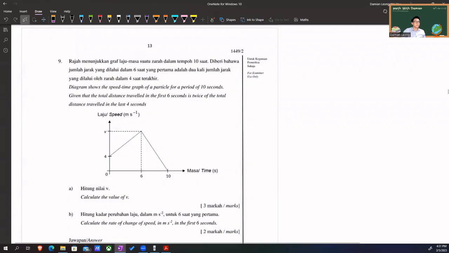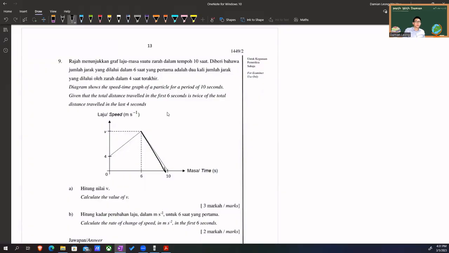Then question 9. The diagram shows the speed against time graph of a particle for a period of 10 seconds. Given the total distance traveled in the first 6 seconds is twice the total distance traveled in the last 4 seconds. So the distance traveled in a speed against time graph is the area under the graph.